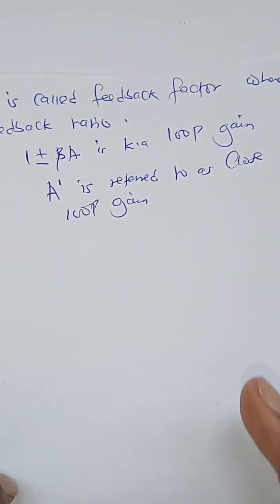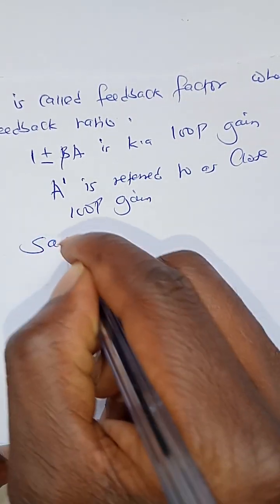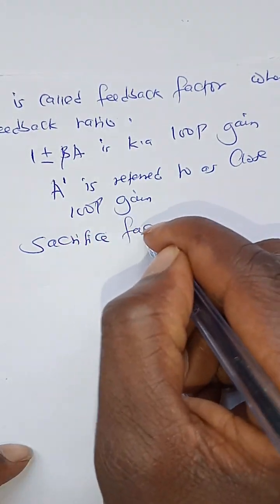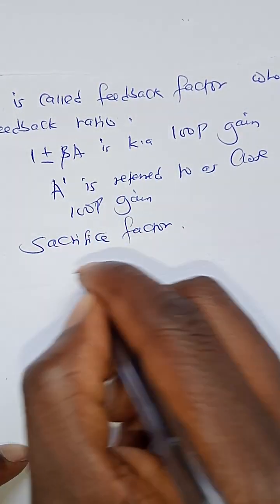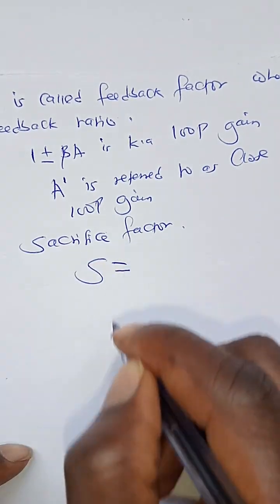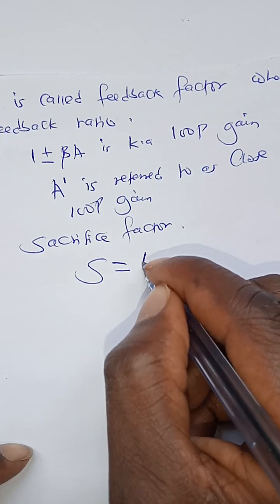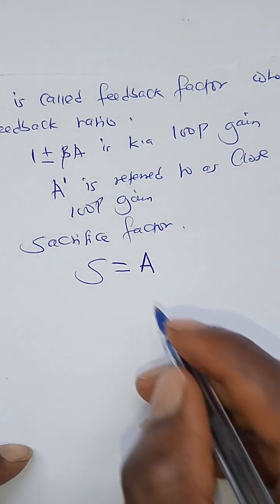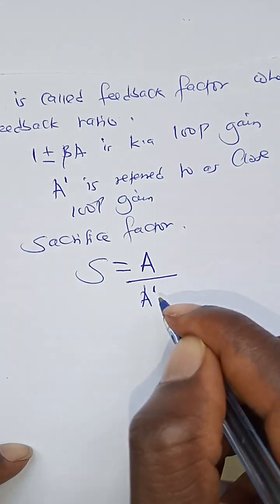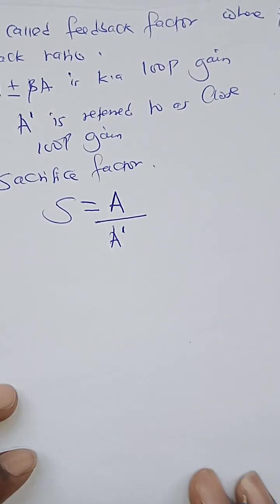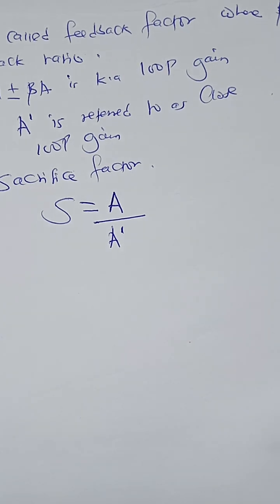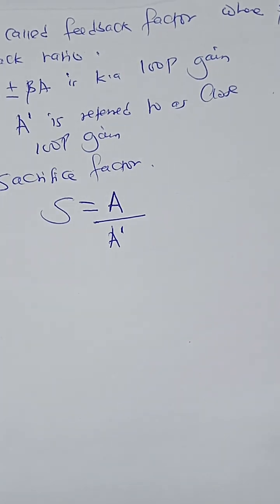We have another term that we call the sacrifice factor. The sacrifice factor, abbreviated as S, is given by the gain without feedback over the gain with feedback. In other words, this equation is used to determine the amount of gain the amplifier has sacrificed after it has employed negative feedback, because we said for negative feedback we reduce the gain.